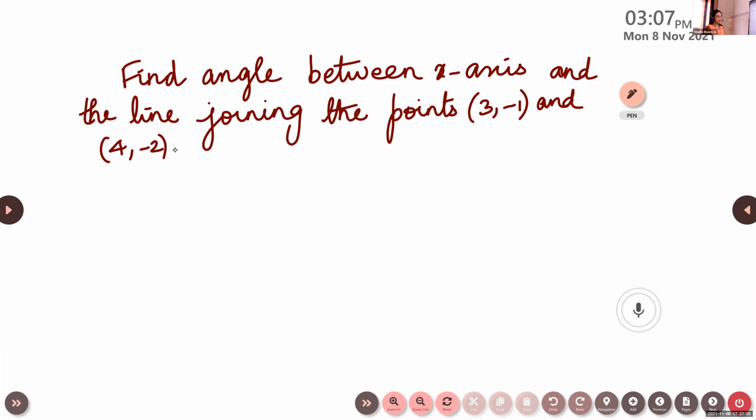So there are two lines. The x-axis is the first line and the second line is the line joining these two points. We want to find the angle between them.